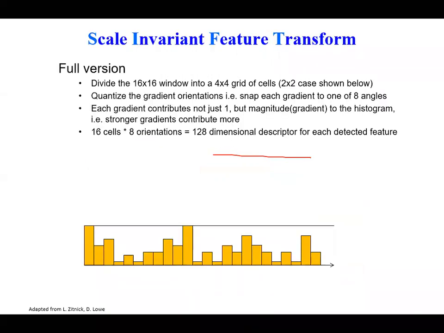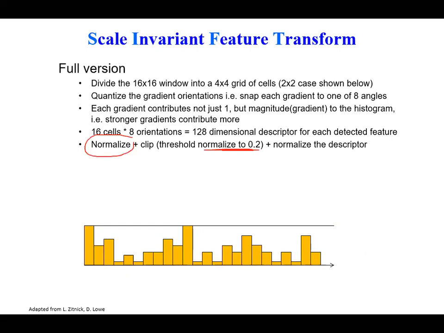We can solve it by clipping at a certain threshold. At the very beginning, I will do a rotation normalization, and then I will clip at 0.2, for instance. And then after that, I will normalize the descriptor. The whole descriptor, I need to divide by the whole magnitudes.